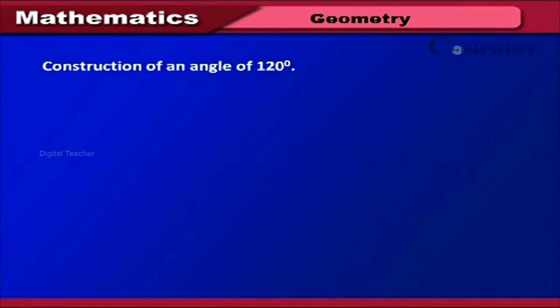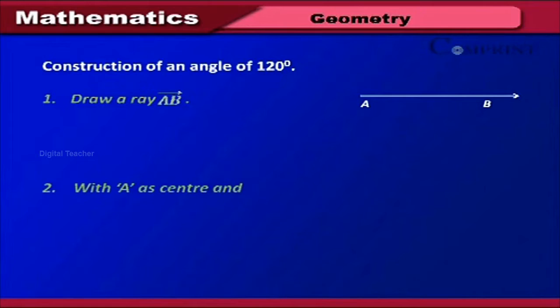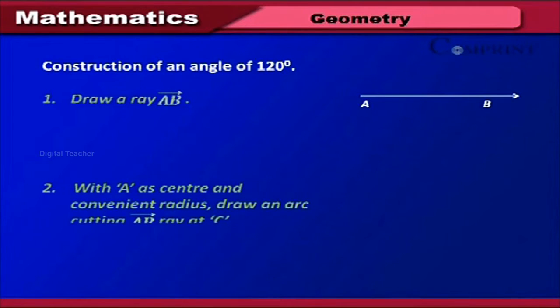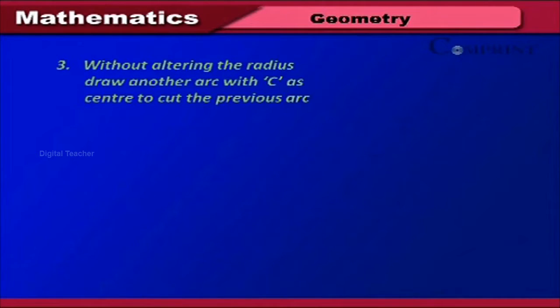Construction of an angle of 120 degrees. 1. Draw a ray AB. 2. With A as center and convenient radius, draw an arc cutting AB ray at C. 3. Without altering the radius, draw another arc with C as center to cut the previous arc at D. 4.